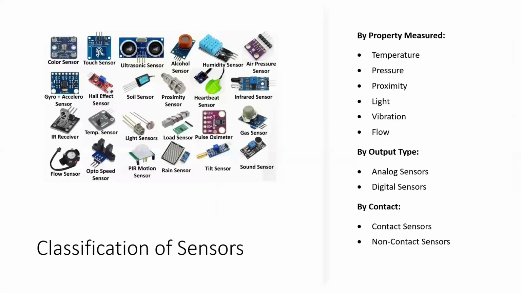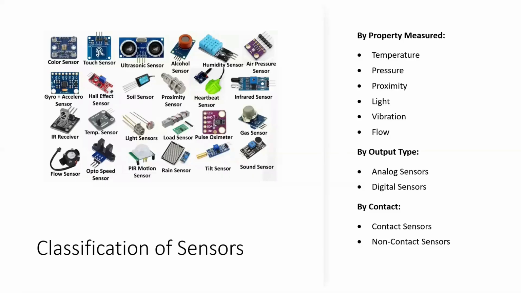We go over to the classification of sensors. Sensors are classified based on the properties they measure. They could measure temperature, pressure, proximity, light, vibration, flow. There are a lot of different types. So we look at their classification based on the properties these sensors measure. We also classify them based on the output type they offer.